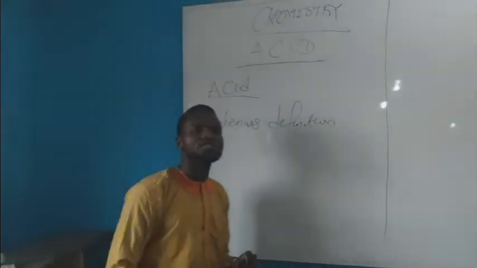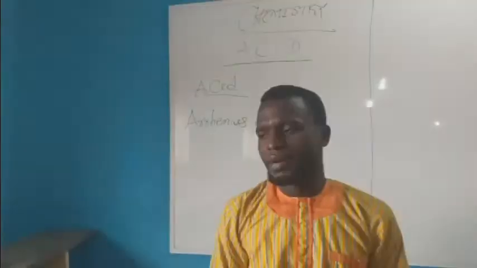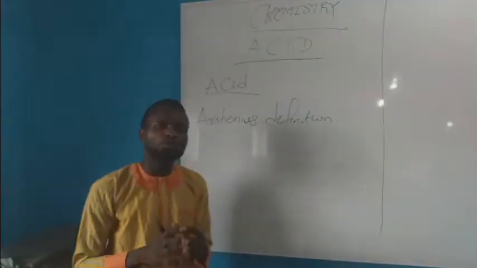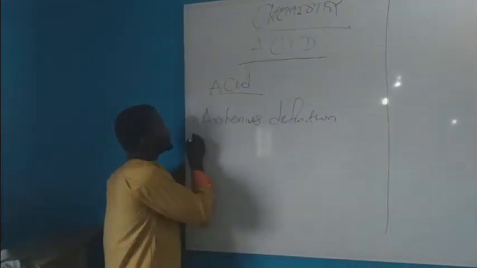Arrhenius definition is considered a classical definition of acid. Paraphrased, it is deemed a universally accepted definition of acid.